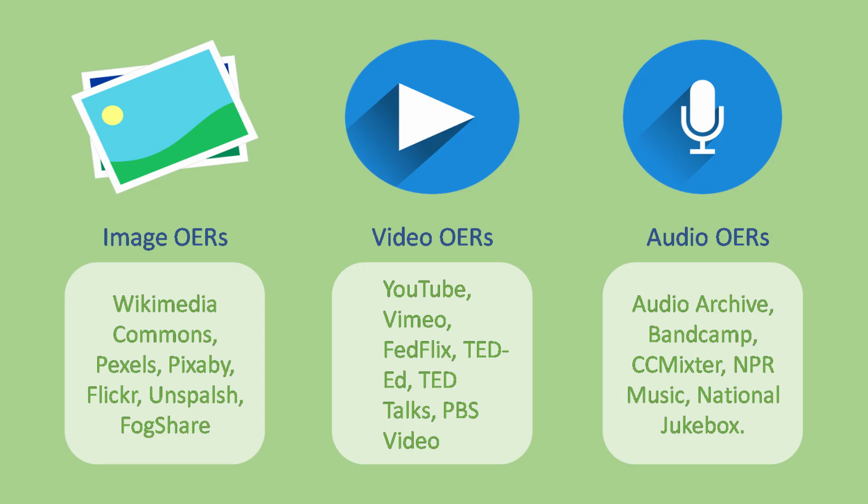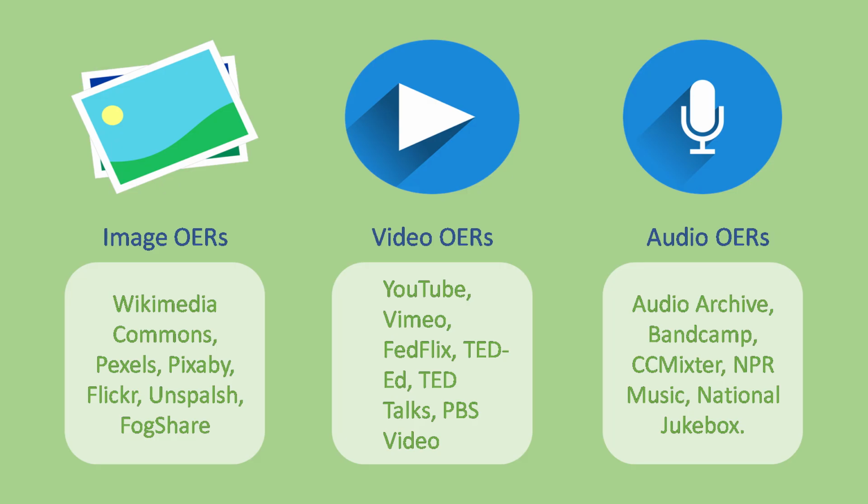You are seeing on the screen some such websites where image OERs are available, like Wikimedia Commons, Pexels, Pixabay, Flickr, etc. If it is video OERs, YouTube, Vimeo, TEDx, TED-Ed, TED Talks, then PBS video. If it is audio OERs, Audio Archive, Bandcamp and a couple of other websites.